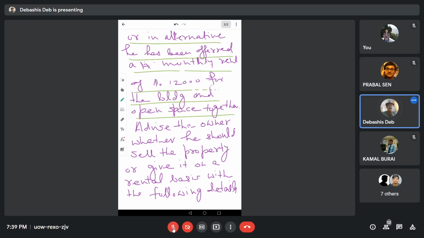He is thinking whether I should give it against that lump sum amount, whether I will sell it or I will give it on rental basis. So he has approached one valuer that please advise me. This is the question. Advise the owner whether he should sell the property or give it on a rental basis with the following details.